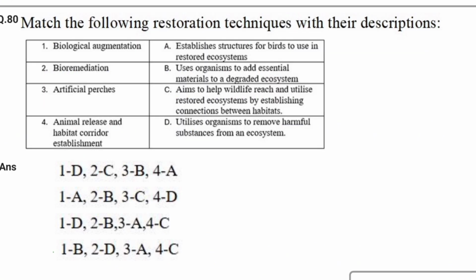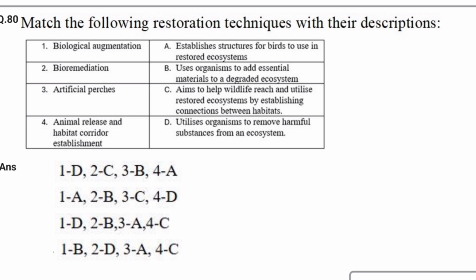Match the following restoration techniques with their descriptions. So you have to match list 1 with list 2. I am going to match list 1 with list 2. Biological augmentation is related to using organisms to add essential materials to a degraded ecosystem. Bioremediation is related to utilizing organisms to remove harmful substances from an ecosystem.